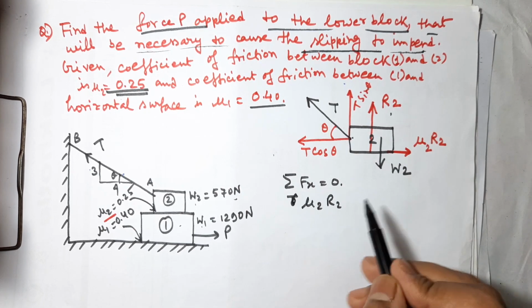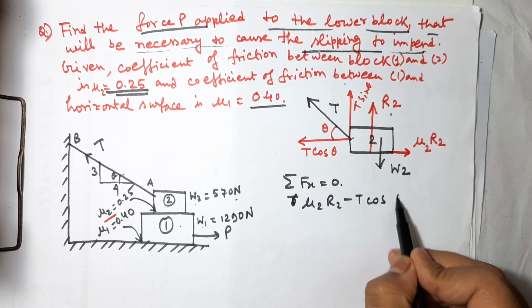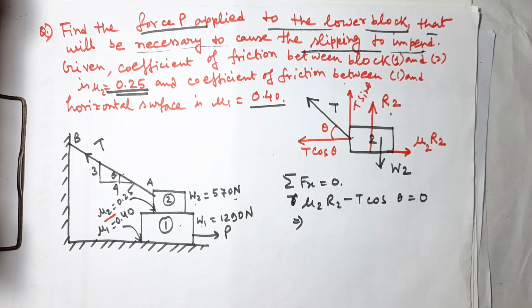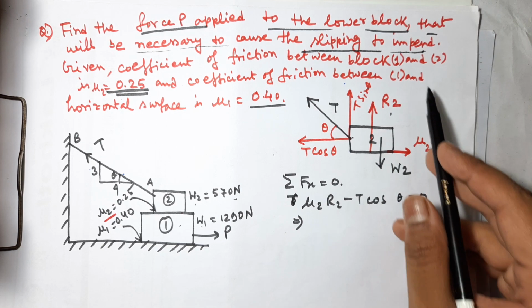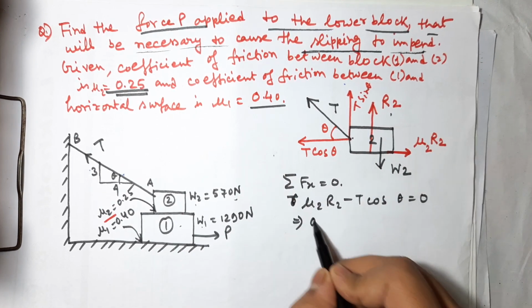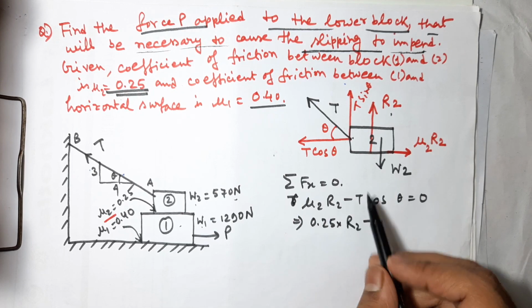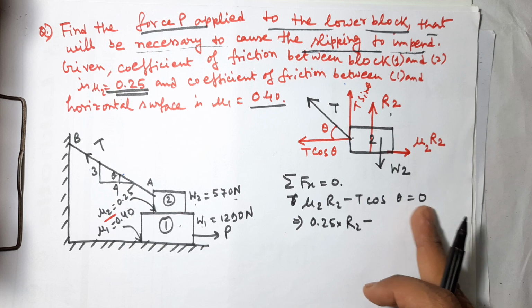So mu2 R2 minus T cos theta is equal to 0, that is, 0.25 into R2 minus T cos theta.